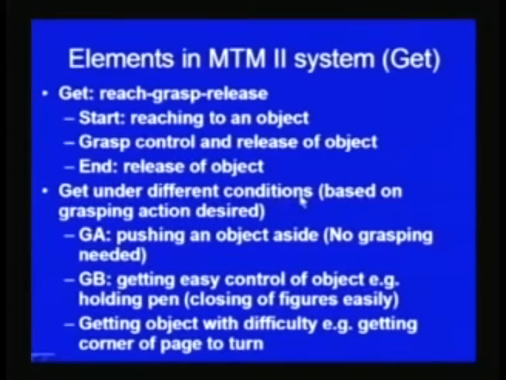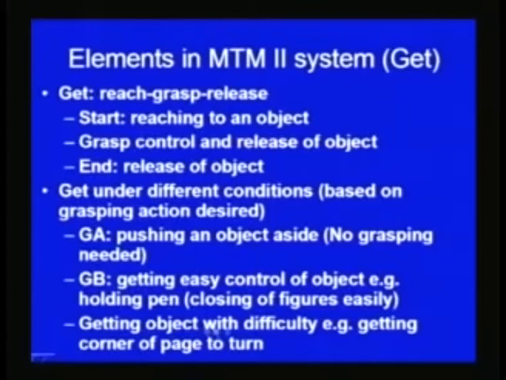Get under different conditions, based on the grasping action desired, is categorized as GA, GB or GC. For a case of simply pushing an object to one side, pushing aside an object leads to the GA, which does not require any control. So, no grasping is needed, while in case of GB, getting easy control of the object, say holding a pen by closing the fingers, this control is easy, but it is somewhat difficult compared to just pushing an object to one side.